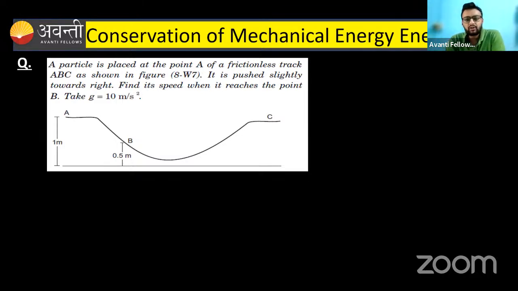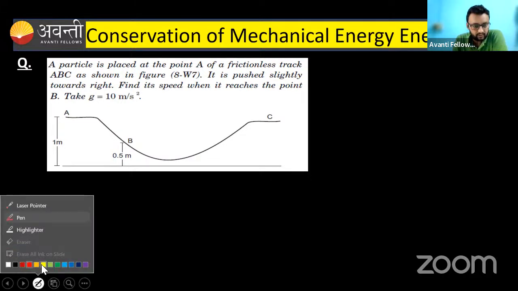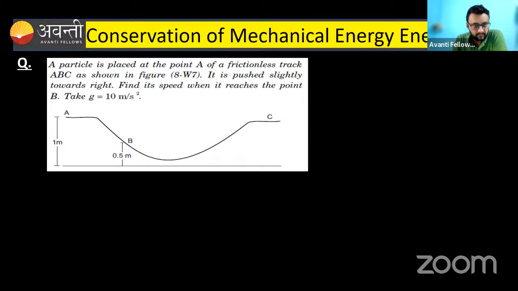So the question on your screen says, a particle is placed at point A of a frictionless track ABC as shown in the diagram.